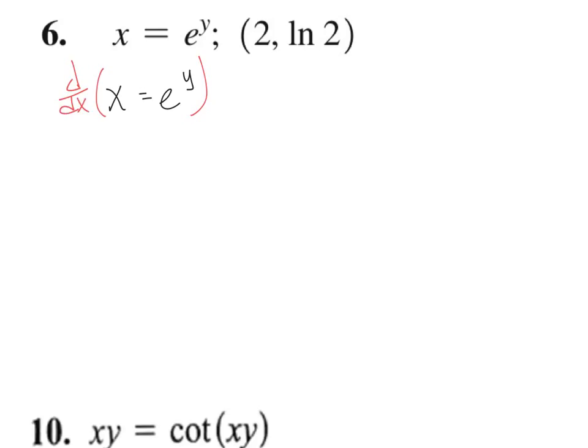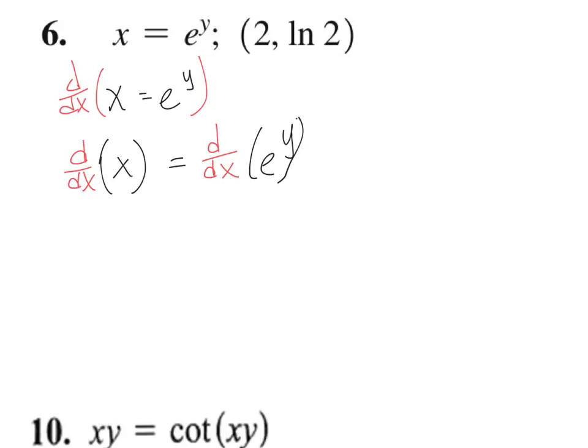So I'm going to take the derivative with respect to x of each term. The derivative with respect to x of just x is equal to the derivative with respect to x of e to the y. If I take the derivative of x, it's just going to give me 1.